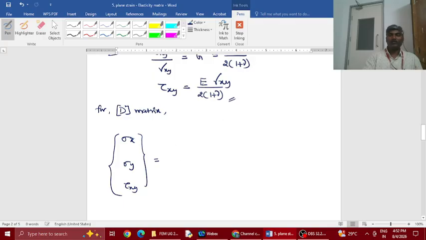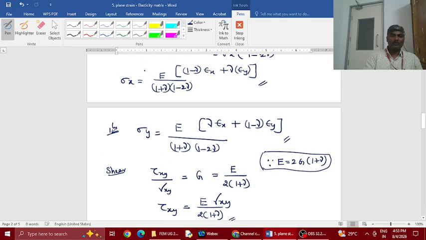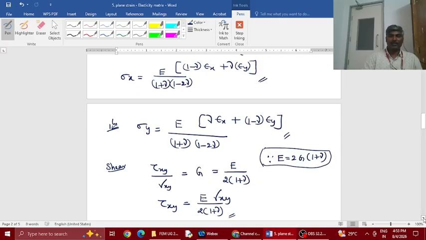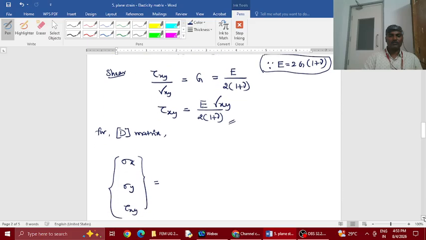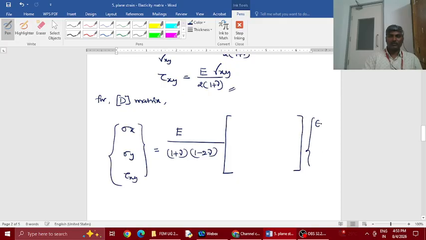So the common term you see, it is E by 1 plus nu into 1 minus 2 nu is the common term for these two expressions, but not with the tau xy. Okay, so first let us write that common term E by 1 plus nu 1 minus 2 nu. Okay, then the matrix, then the strains epsilon x, epsilon y, gamma xy.